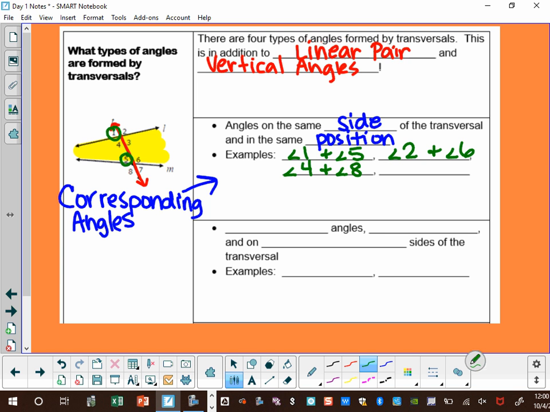Sam, what is corresponding with angle 3? Angle 7. Angle 3 and angle 7. I'm going to erase my circles here. Just remember that that transversal is that line in the middle.